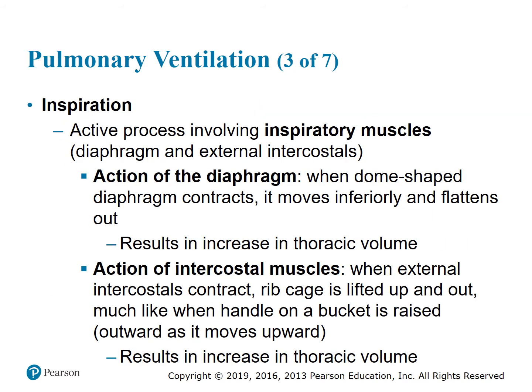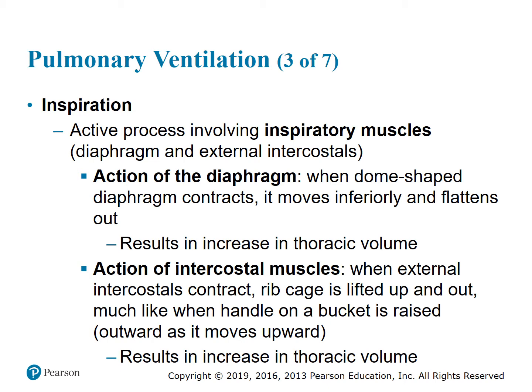Let's look at inspiration. It is an active process involving the inspiratory muscles, in other words, the diaphragm and external intercostals. When the dome-shaped diaphragm contracts, it moves inferiorly and flattens out, which results in an increase in the thoracic volume.